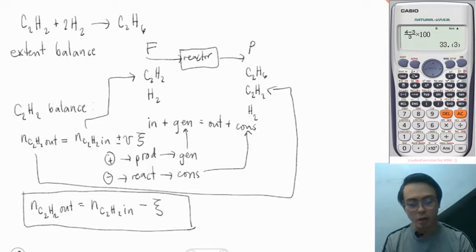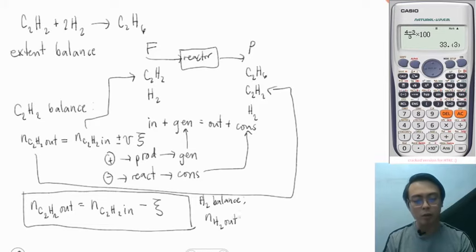So let's try. Let's perform the H2 balance. So how is our H2 balance here? We need the number of moles of hydrogen going out equal to the number of moles of hydrogen going in. And in terms of the sign, we choose between plus or minus.